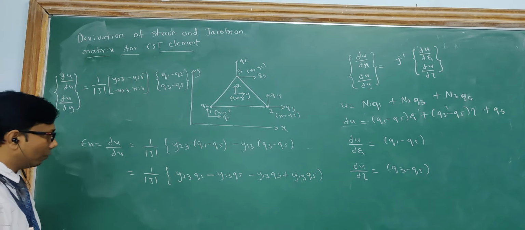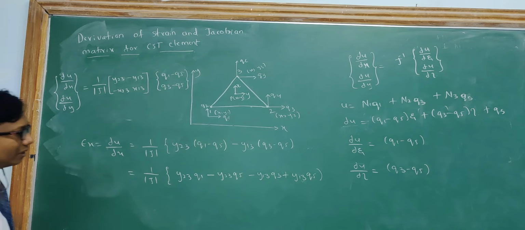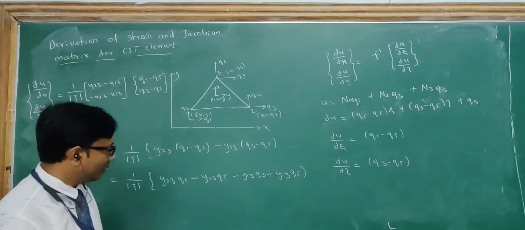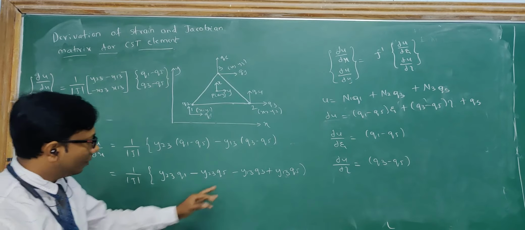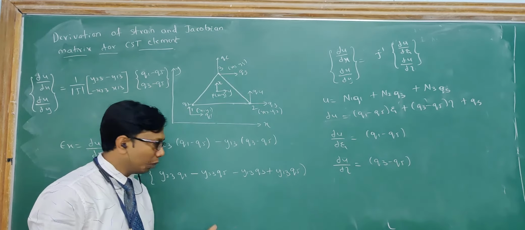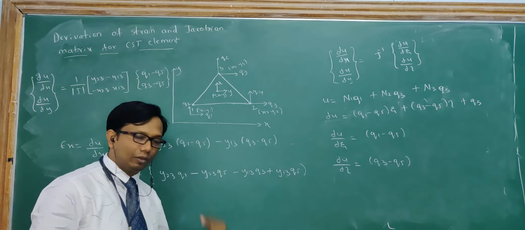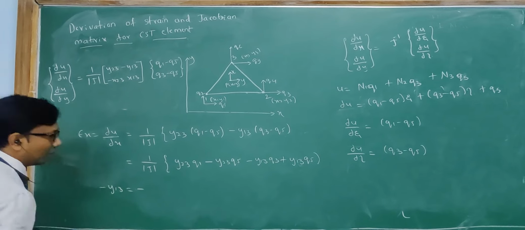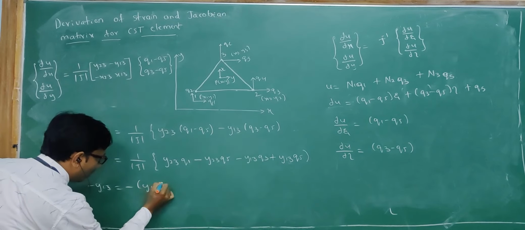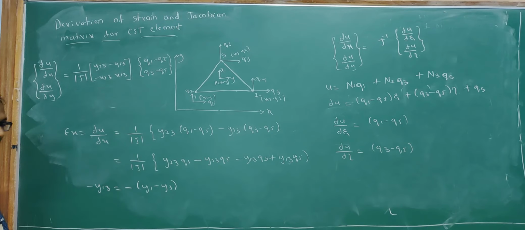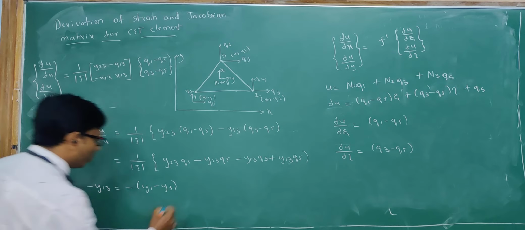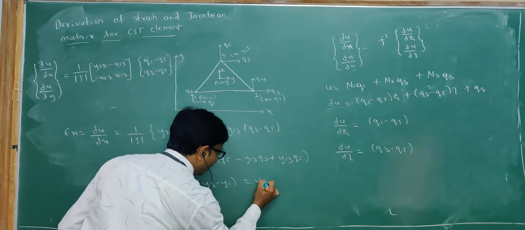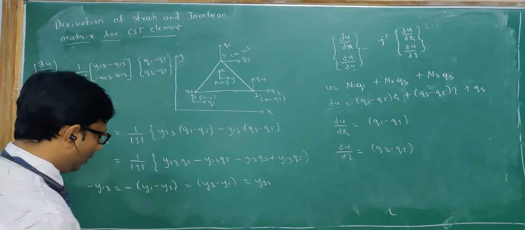For that, y13 is nothing but y1 minus y3. So minus y13 is minus of y1 minus y3, which gives y3 minus y1. So it is nothing but y31. I'll write it as y31.